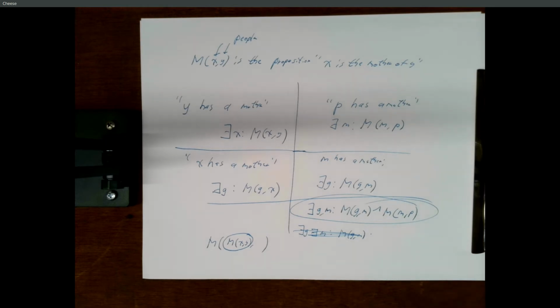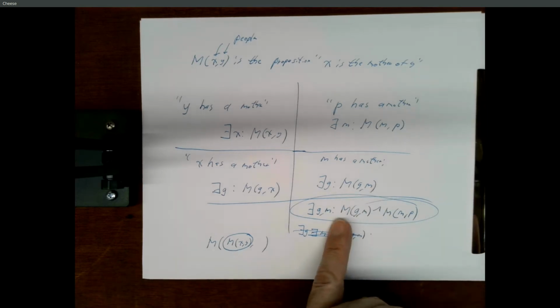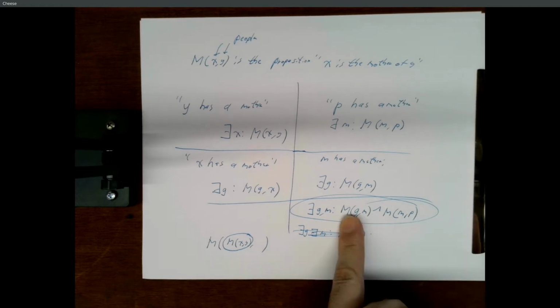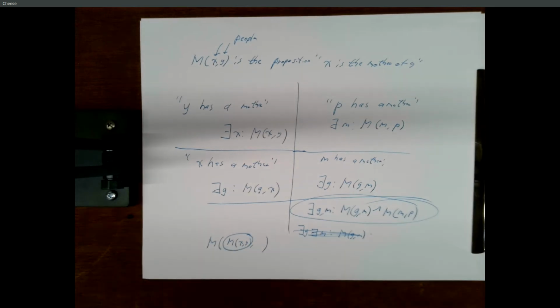The spirit of it is right, but mathematically it doesn't work out. So show that the person has a mother and that that mother also has a mother, right? That gives the first person a grandmother. Anybody else have any other ways of doing that?